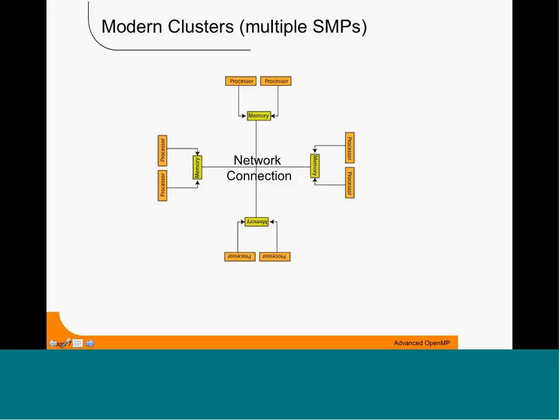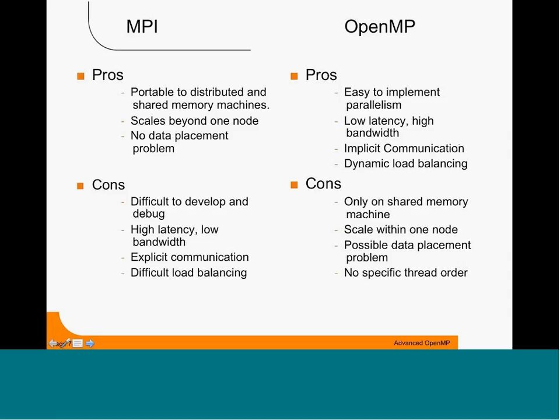So we use OpenMP together to maximize the use of those resources. As you know, the pros of MPI are the cons of OpenMP, and similarly the cons of MPI are the pros of OpenMP. MPI is portable, with distributed shared memory, and can scale beyond one node. OpenMP cannot scale beyond one node, but if you combine both of these, then it is really helpful. You can scale your code.